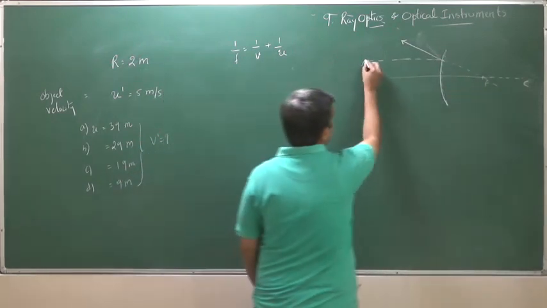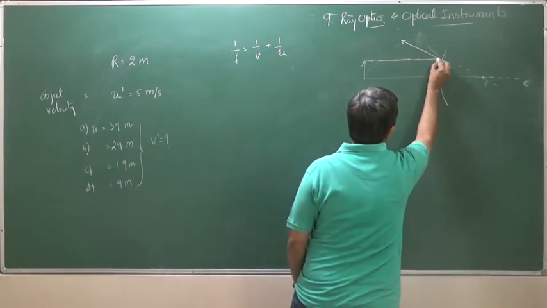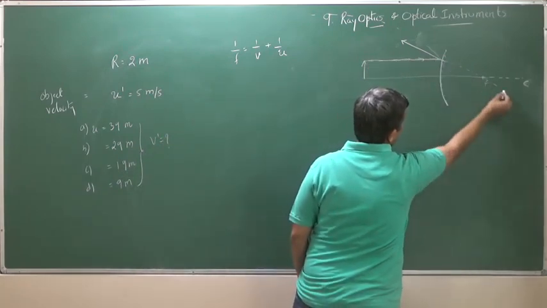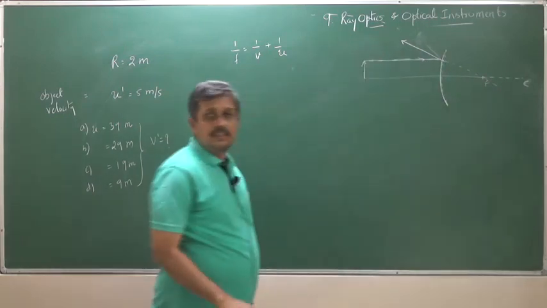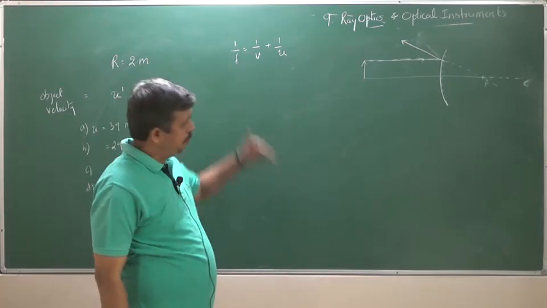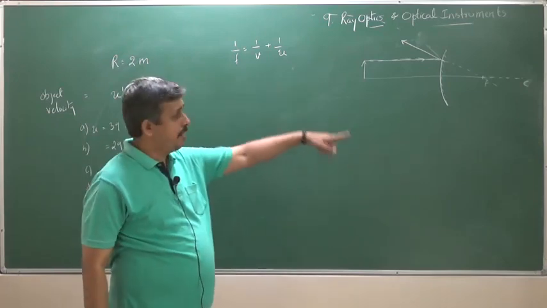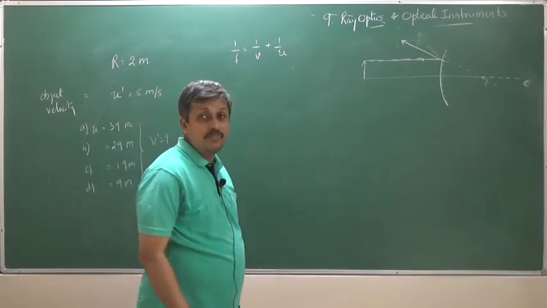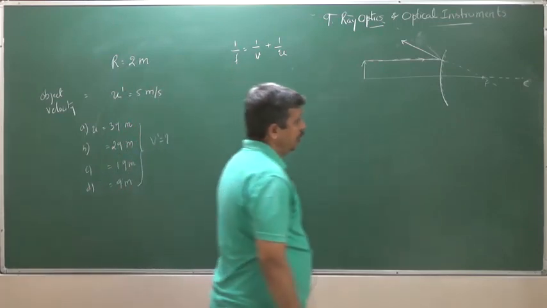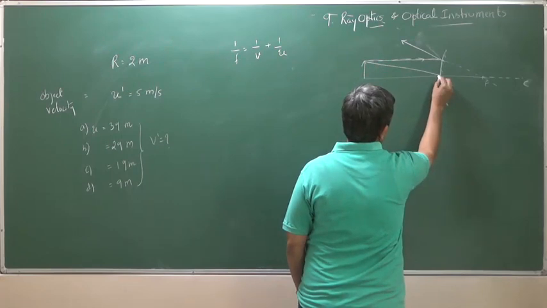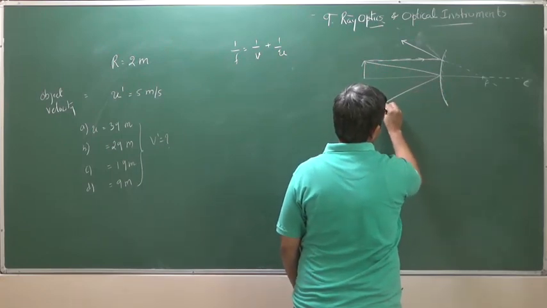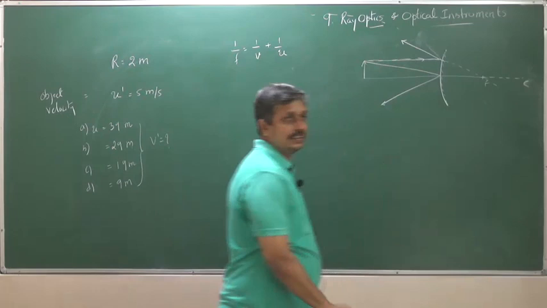So, this is the incident ray and this is the focus. The way it is reflected, if you project it backwards, it will go through F in a convex mirror. And then one more we can take like this, it will go with the same angle like this.